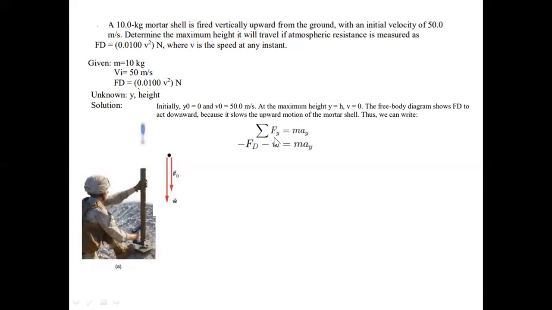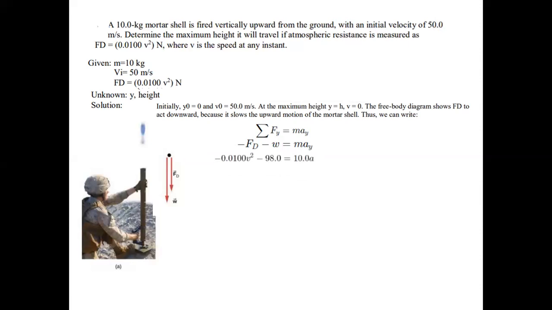The summation of forces Fy is equal to negative drag force minus the weight of the mortar shell. Why are these forces negative? Because they point downwards. So negative Fd minus W is equal to mass times acceleration ay.